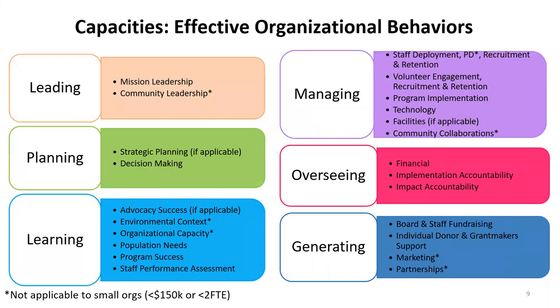So let's talk a little bit about what we mean when we talk about these core capacities. You'll see both the core capacities, those 6, and then the 28 subcapacities outlined here. And so when we talk about leading, what we're really talking about there is the capacity of an organization's leaders to engage and inspire stakeholders, engaging internal and external stakeholders to work toward a common vision and a mission.